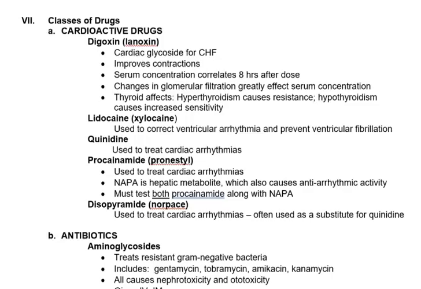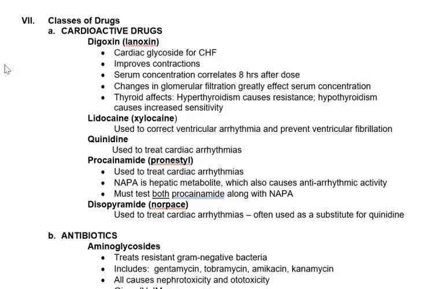Changes in the glomerular filtration can greatly affect the serum concentration. The thyroid also has effects: hyperthyroidism causes resistance, and hypothyroidism causes increased sensitivity. Lidocaine is used to correct ventricular arrhythmia, which is abnormal heartbeat, and prevent ventricular fibrillation, which is irregular heartbeat.